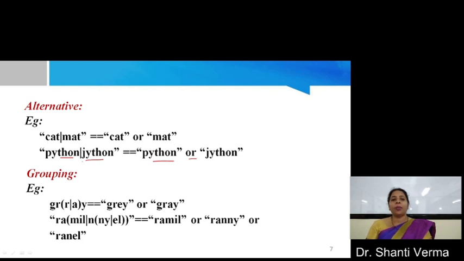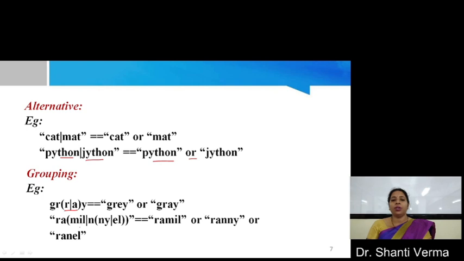Now, what is grouping? Grouping is basically finding more than one character in a similar position. So, for example, if I want to check whether the spelling of gray is either GREY or GRAY, I can write a grouping in braces. So I can write R or A, so it checks GRAY or GREY.